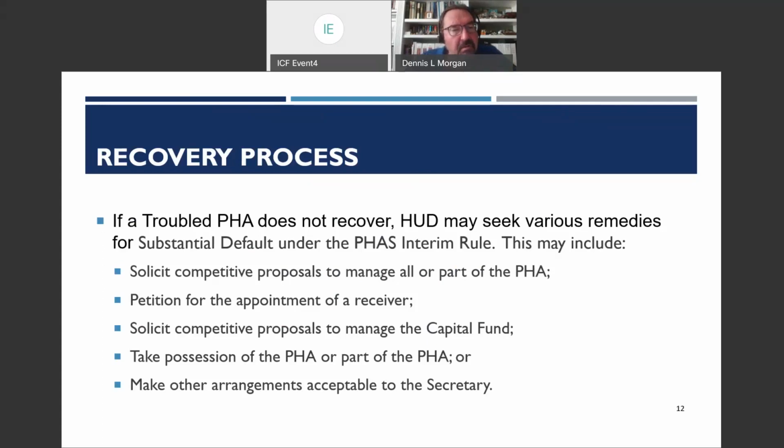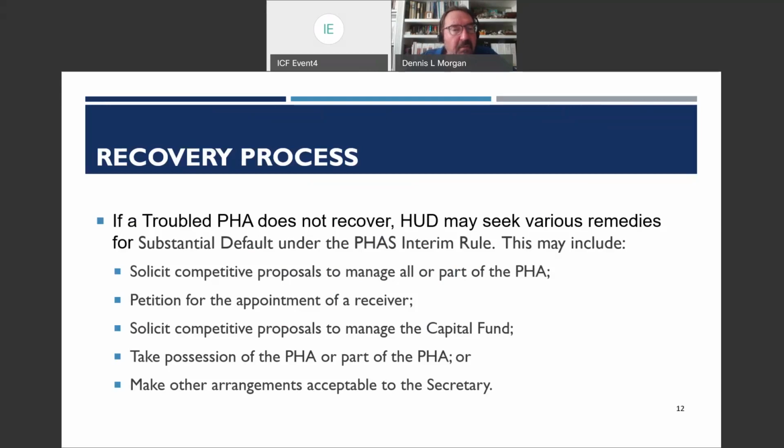They can also petition to appoint a receiver. A receiver would be acting on behalf of the PHA, and they might even remove the board. The receiver possibly just answers to the court of law, or the receiver might be answering directly to HUD without having to go through a localized board as well.